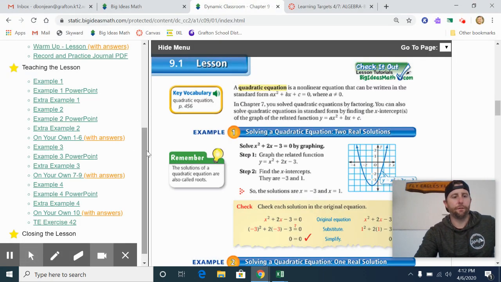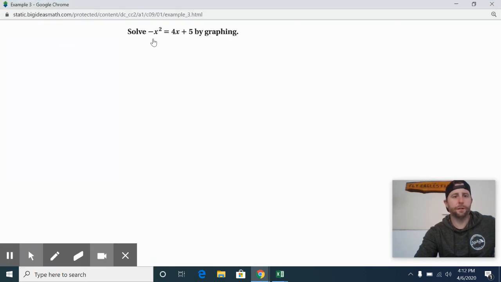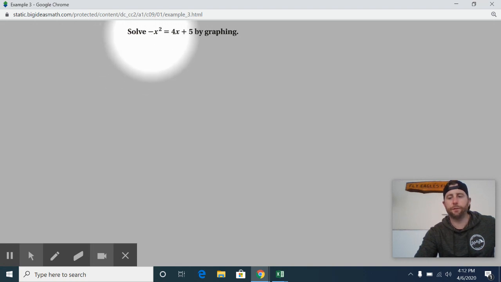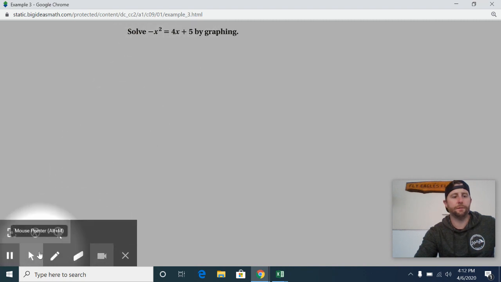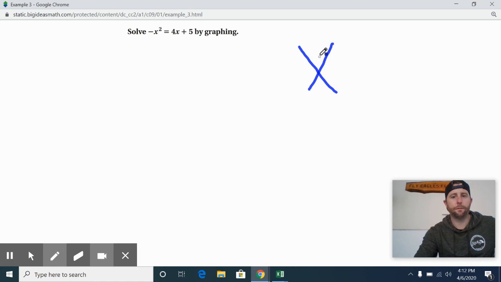Finally, let's look at this last one. Here's what I would do. I always want my first term to be positive in order to factor, so I would add x squared to the other side. And here's the deal. Check this out. When I try and factor this time, 5 and 4, right?